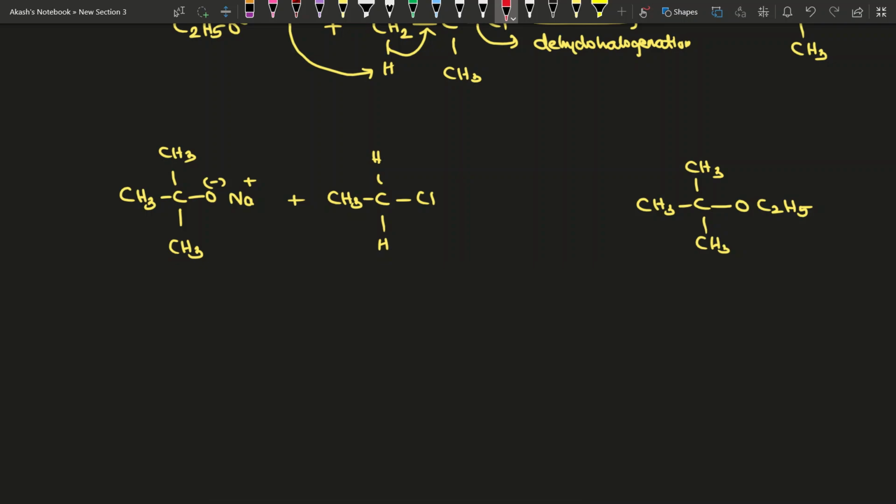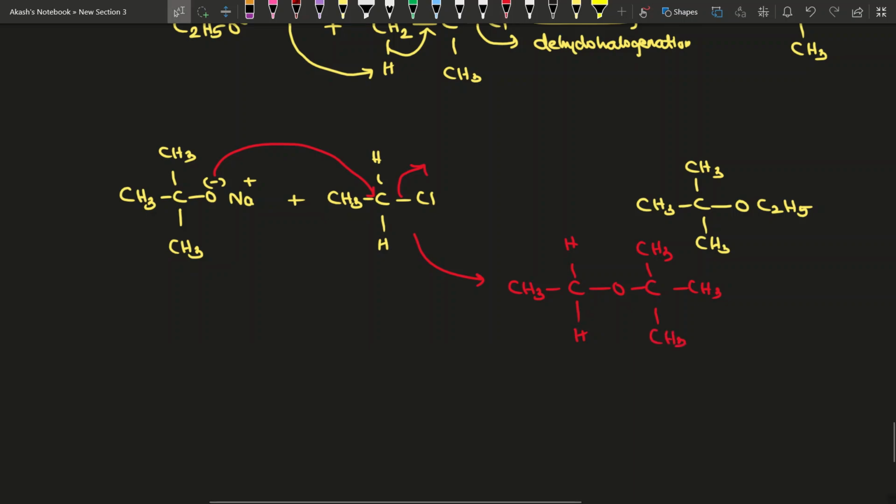If it is an electrophilic carbon, this nucleophile can come and interact here. When it interacts here, it undergoes nucleophilic substitution such that this bond will cleave and you will get CH3CH2 O C CH3 CH3 CH3. That means tertiary butyl ethyl ether will be obtained.